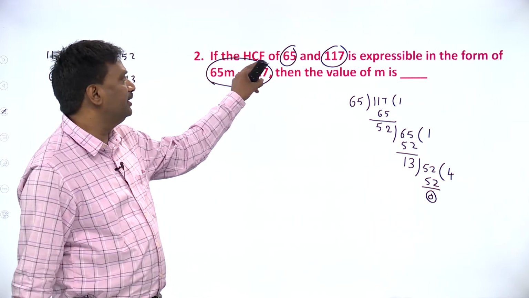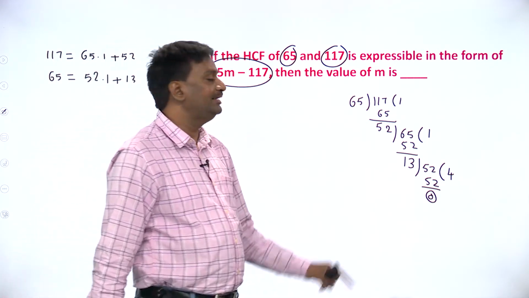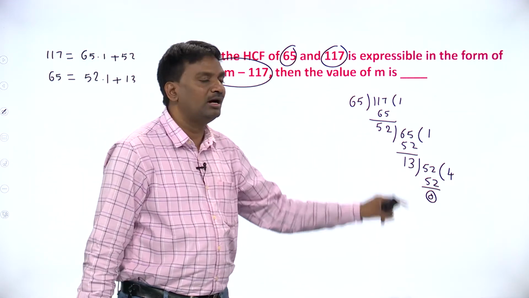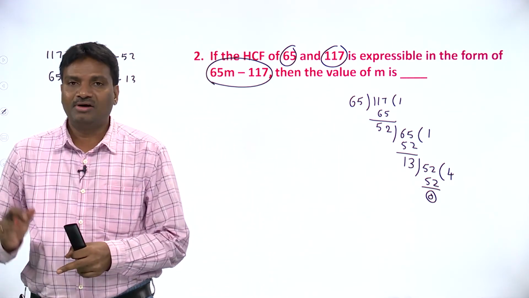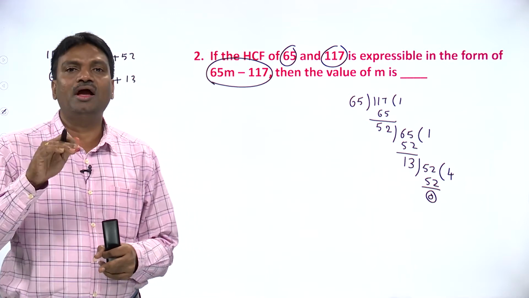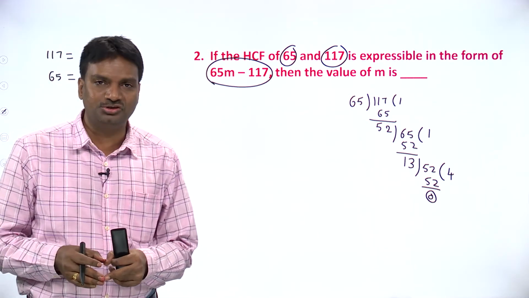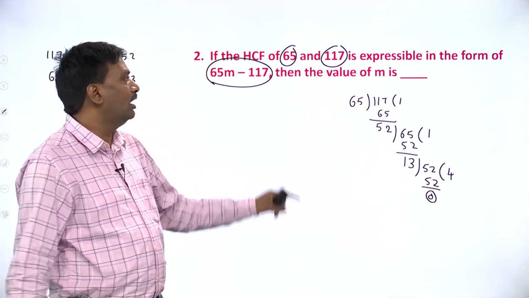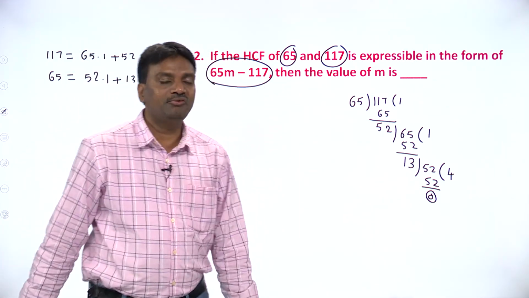Now, the GCD of 65 and 117 is 13. For the divisor 13 we have gotten the remainder as 0. That is why we can say 13 is the GCD or HCF of 65 and 117.